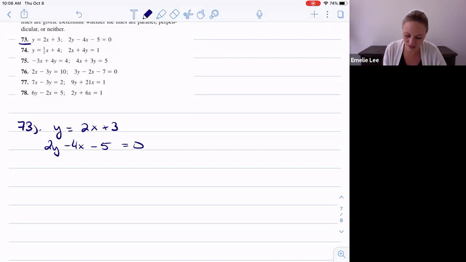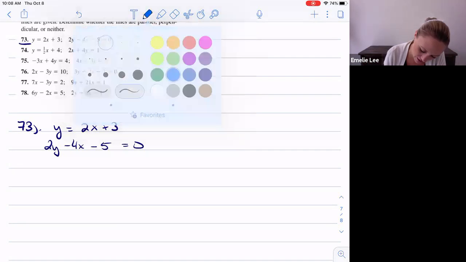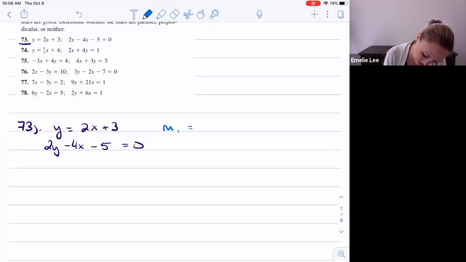You look at it and you see that the slope must be 2 because it's whatever is attached to the x. Everything is simplified, and so it's whatever is attached to the x. So here, m1, let's call it, is 2. Okay. Which one you call m1 and which one you call m2 doesn't matter. I'm just going to go in order.